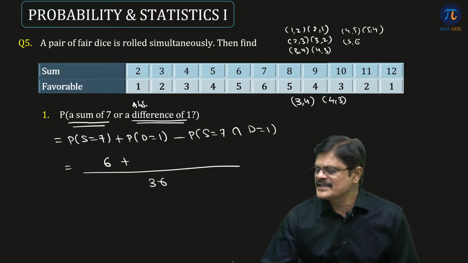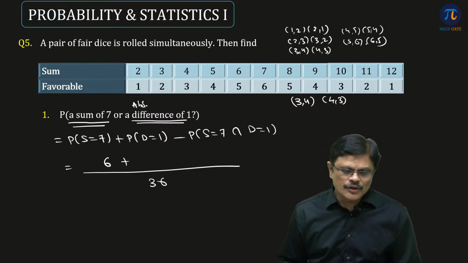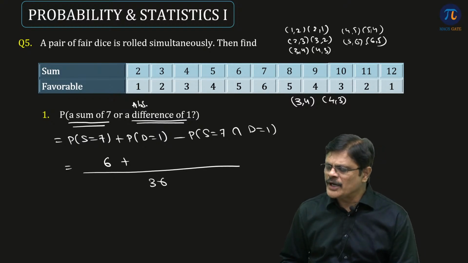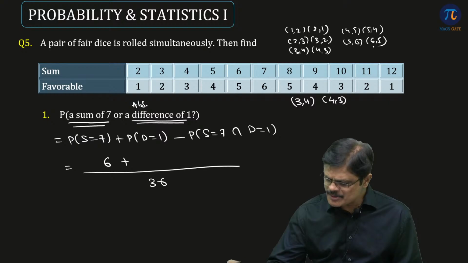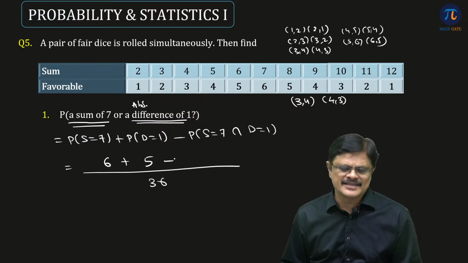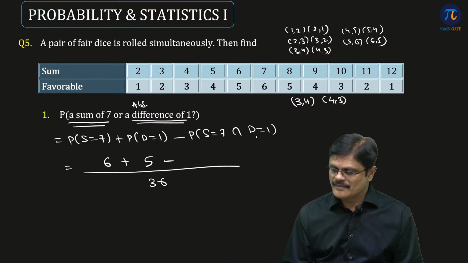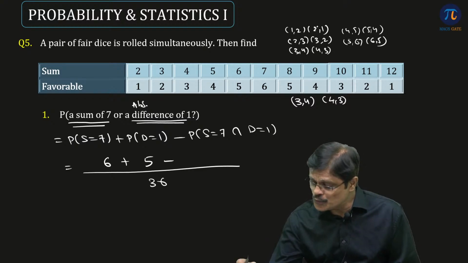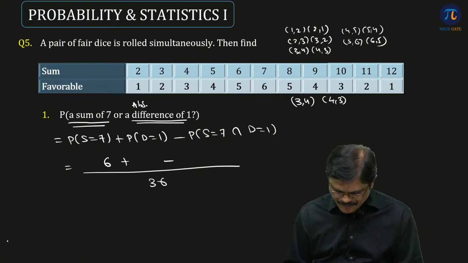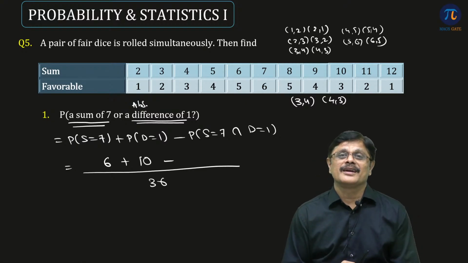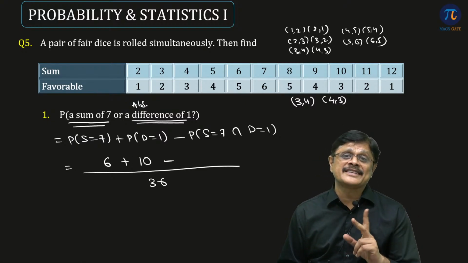And 5, 6, 6, 5. So difference 1 is possible for how many cases? 5 pairs, and each gives 2 orders, 5 into 2, 10 cases. 10 cases where the difference is 1, my dear friends.